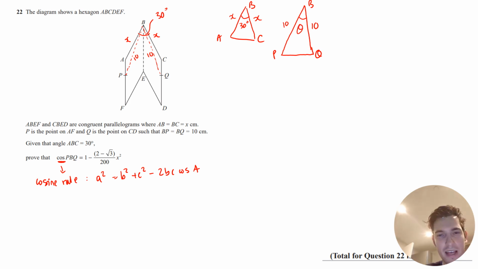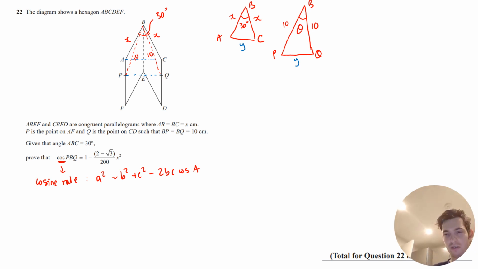Now, I've got this other length of my triangle, AC and PQ. I don't know what it is, but I know it's the same in both. Because if I change to a different color, I've got A to C, and that is exactly the same as P to Q. So I'm going to call that Y on both of them. All right, now I don't know exactly where this is going, but I thought I'm going to use the cosine rule.